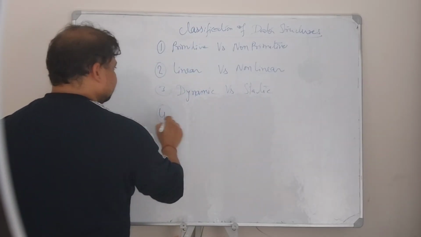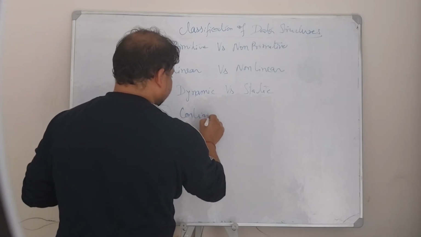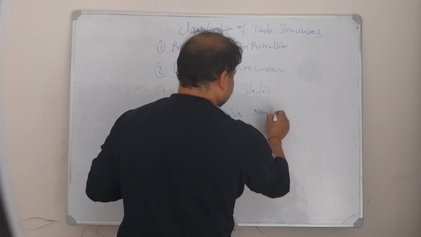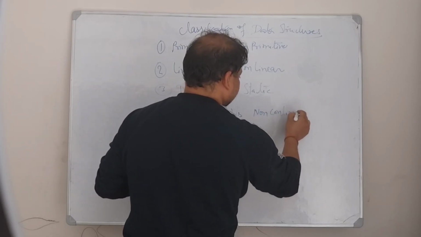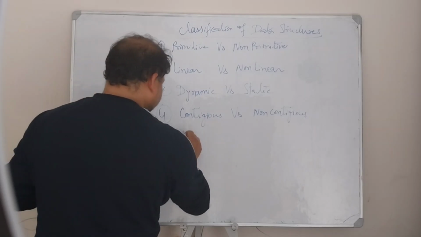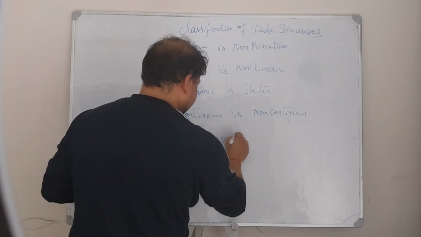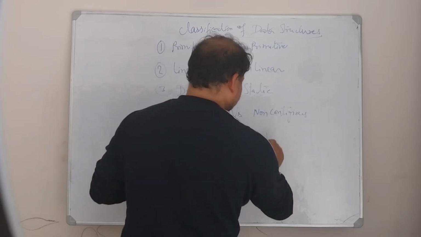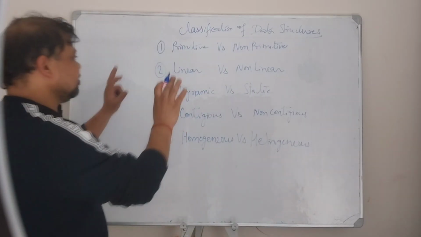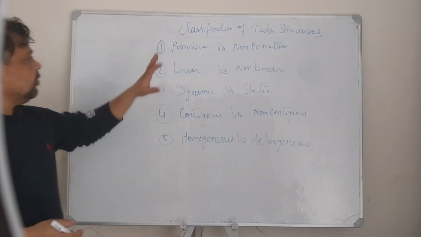Fourth one is contiguous versus non-contiguous. Fifth criteria is homogeneous versus heterogeneous. So these are the five major categories with which we try to classify our data structure.